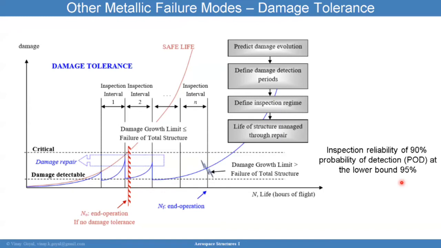Because just because you discover damage in an aircraft doesn't mean that you are done with it. Maybe there are ways to repair the structure. But there will be a point at which you may have to retire the aircraft because it can no longer be in service, because it will cost too much to repair it and refurbish it.